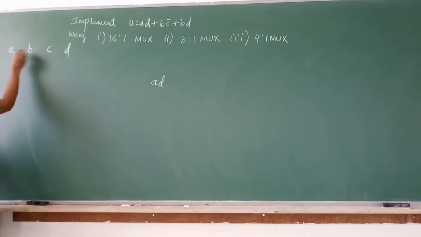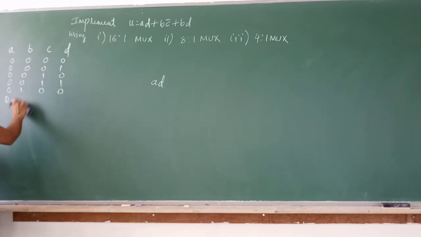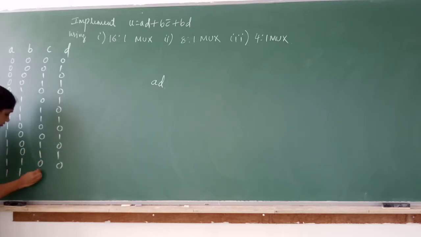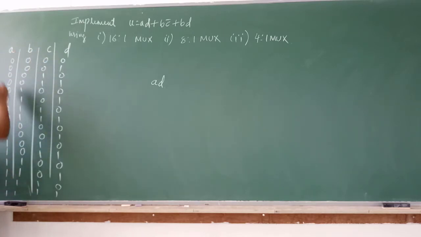Okay, so let me write all the combinations here: 0000, 0001, 0010, 0011, 0100, 0101, 0110, 0111, 1000, 1001, 1010, 1011, 1100, 1101, 1110, 1111. Now I have written all the possible input combinations for the 4 variables.